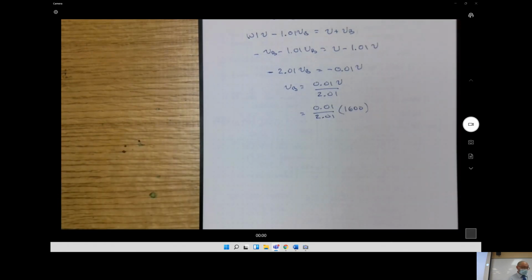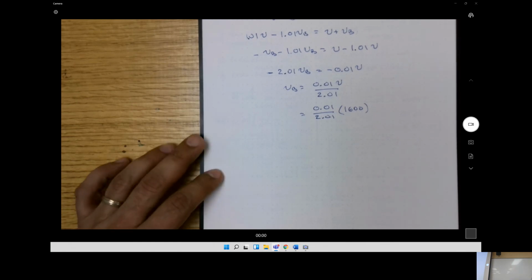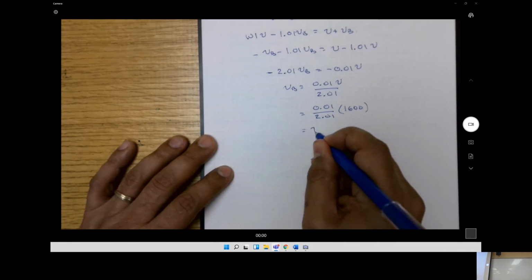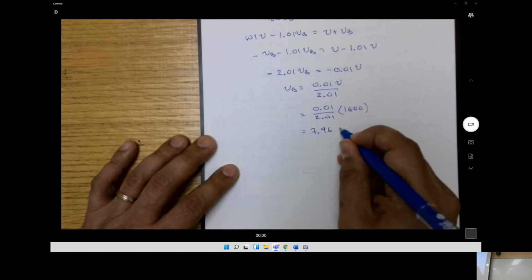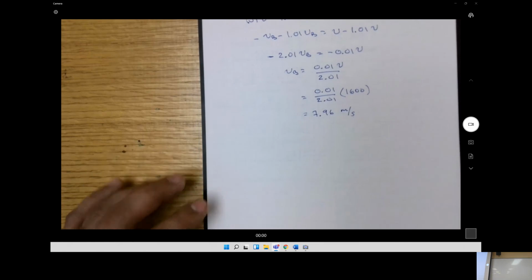Okay, and I think that should give me 8. Gives me 7.96 units per second.